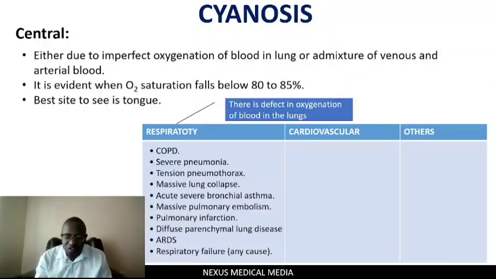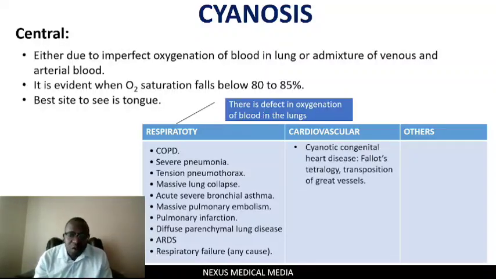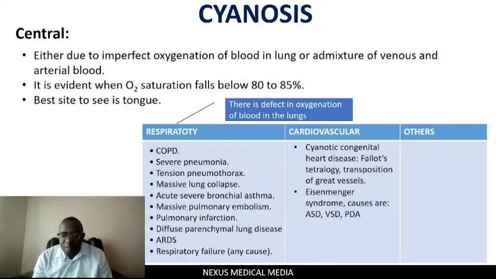On the cardiovascular side, there are the cyanotic congenital heart diseases like tetralogy of Fallot and transposition of great vessels. There is a phenomenon called shunt reversal, where there will be an admixture of blood, and that reversal is called Eisenmenger syndrome.